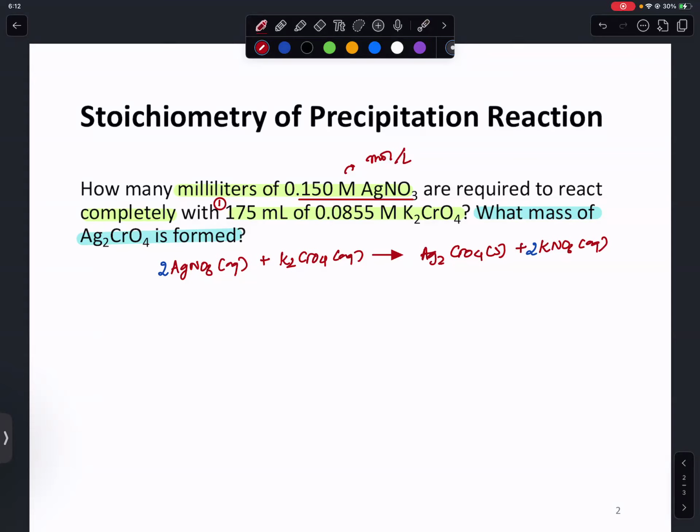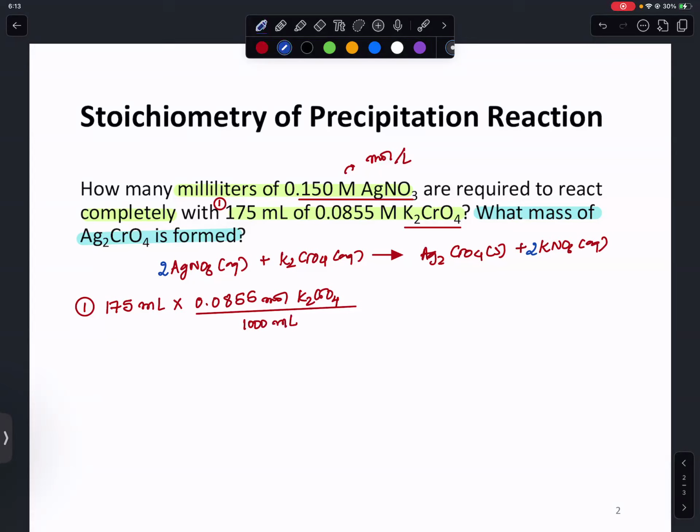So the first thing is I'm going to start by calculating the moles of silver nitrate that react with potassium chromate. If I have 175 milliliters, here I'm really trying to extract the moles of silver nitrate, times 0.0855 moles of potassium chromate in 1,000 milliliters.